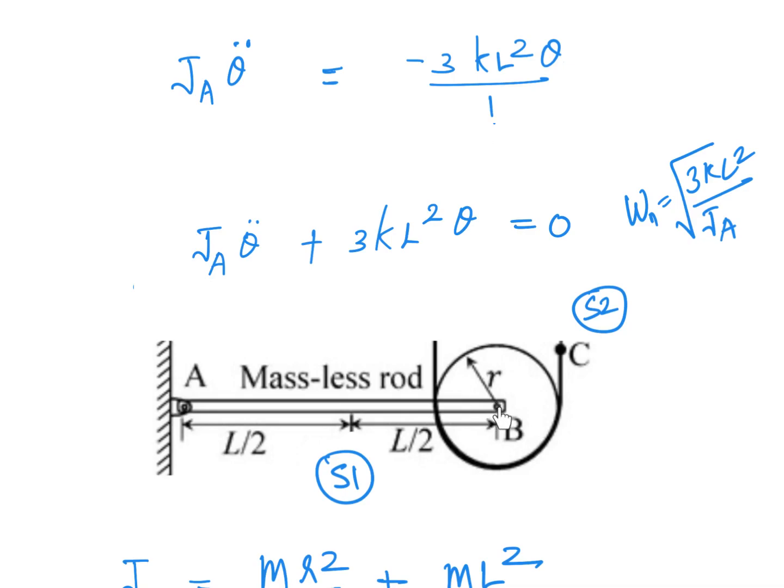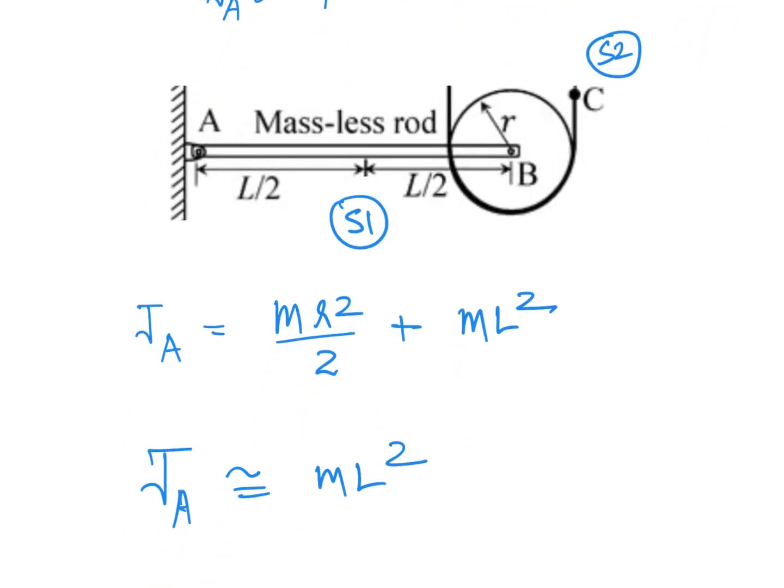But we are not summing our moments about this point capital B, we are summing up moments about the point capital A, which in turn tells that the actual mass polar moment of inertia of the system about this hinge point is mr square by 2 plus mass times this distance capital L square. If we plug in little r equal to L by 4 and so on, then we will get the right answer.